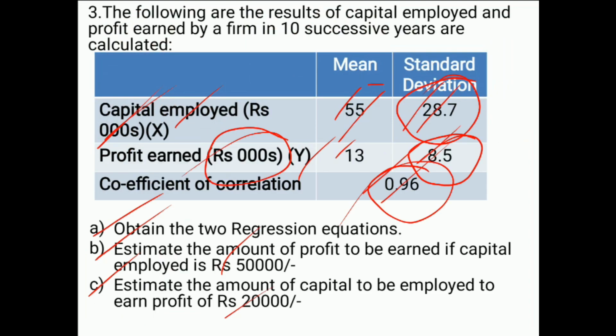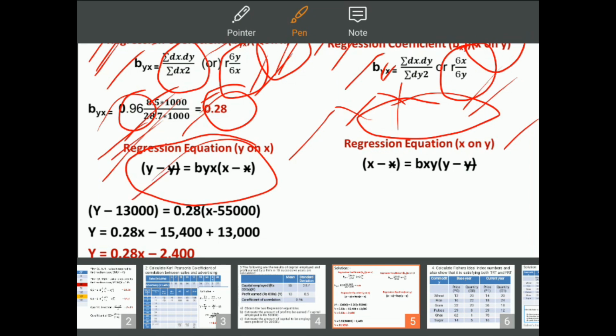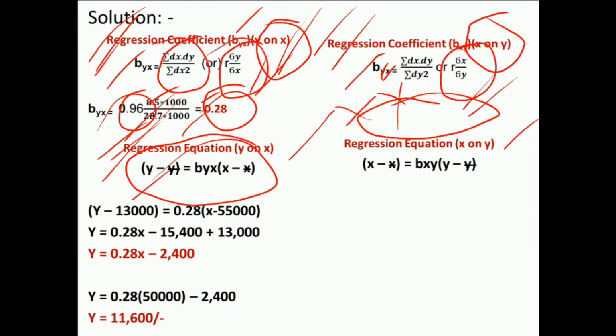x mean is 55 and y mean is 13. The equation is y minus y mean equals byx into x minus x mean. Y mean is 13,000, so y minus 13,000. 13 is given in the question, but it is 13,000, multiples of 1000. byx is 0.28, what you calculated already.